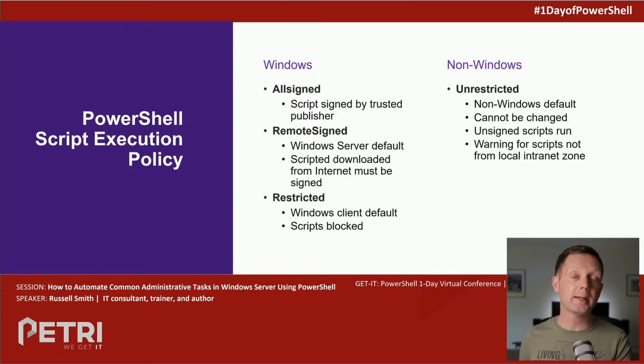It must be signed by a publisher that that server trusts. And Restricted. This is the default in Windows 10. So basically all scripts are blocked by default. But as I said, users will find ways around this. It's not a control as such. If you're looking at running scripts on non-Windows devices, then scripts do not need to be signed. Non-Windows devices will run any script.